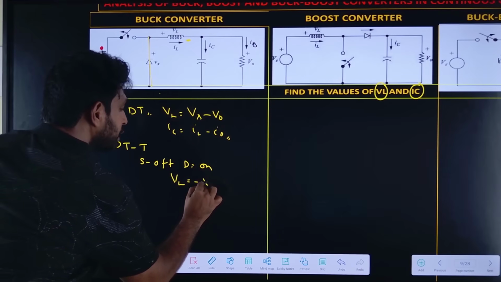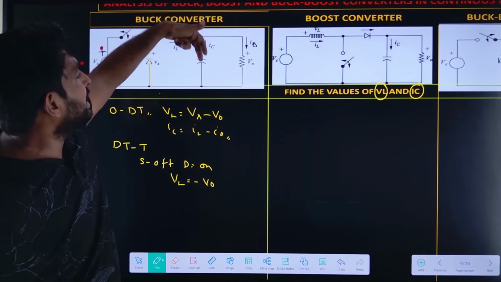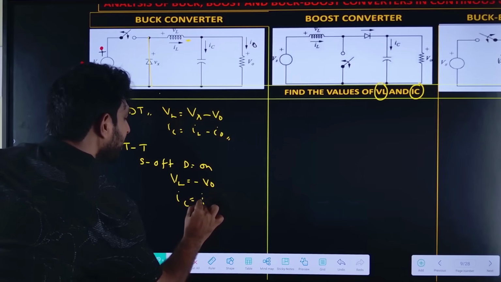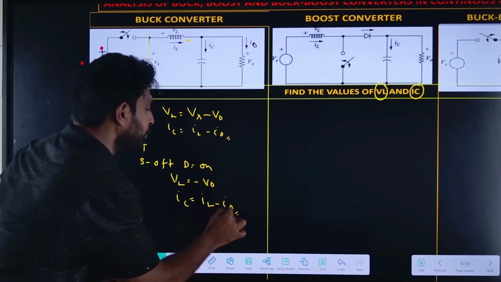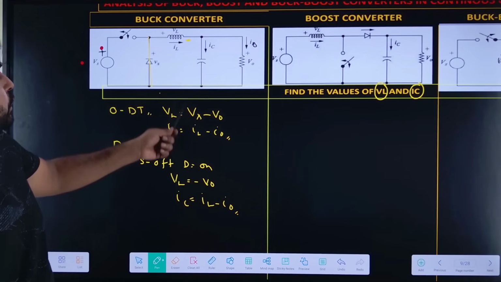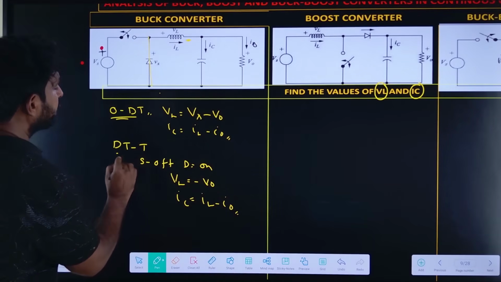And IC equal to IL minus I naught. Very simple, right? So VL equal to minus V naught. So here, for the 0 to dT period and the dT to T period.